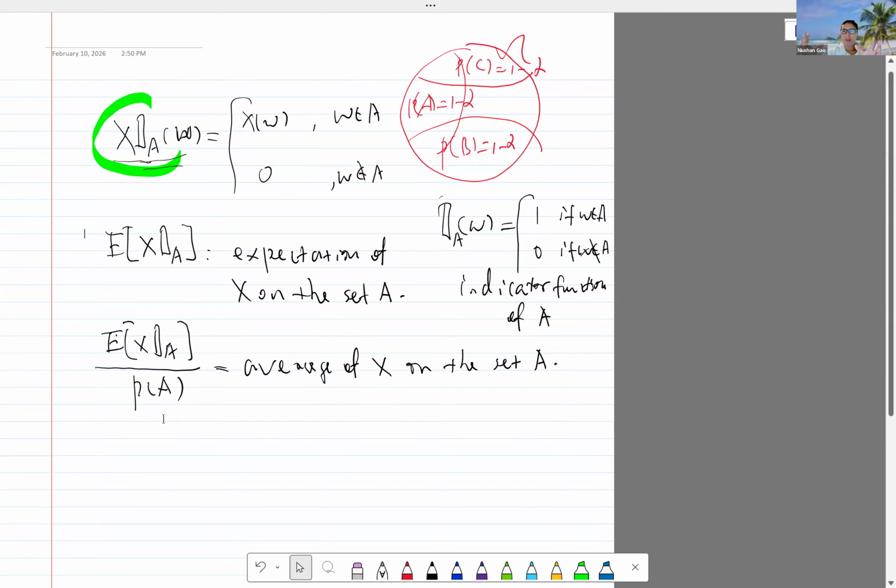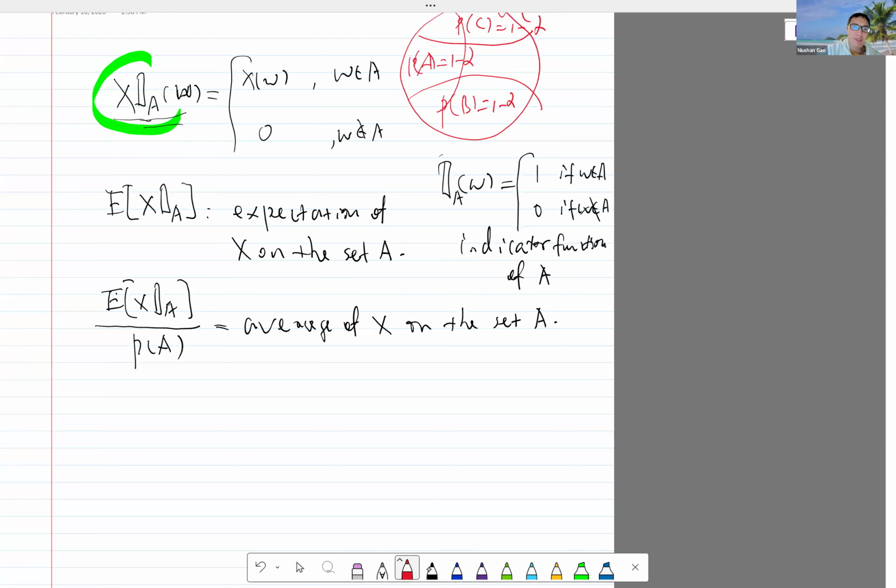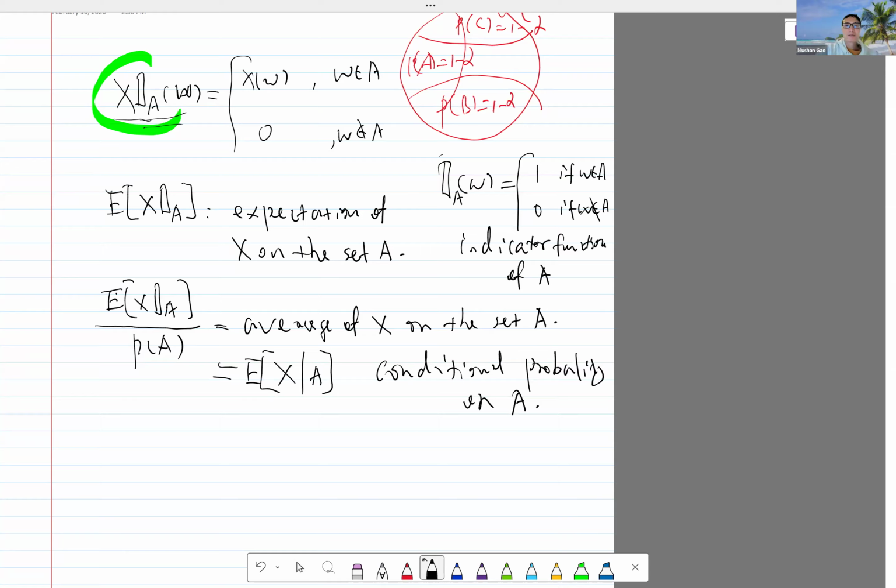You are taking expectation of X on A. You divide it by the probability of A, it's like the average of X on the set A. If you recall from MTH 304, this is a conditional expectation on A.